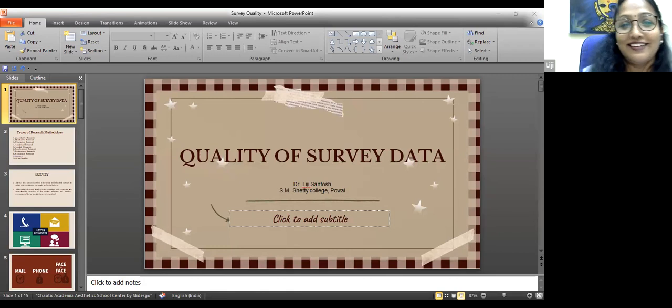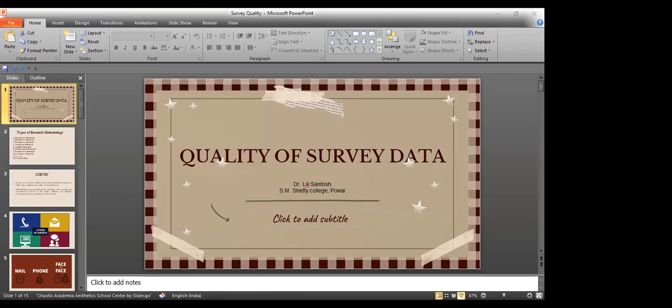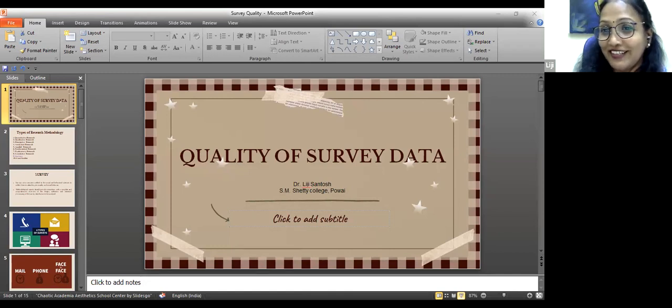So surveys are a major part of research. You can't avoid survey when you do research. Yesterday, when we were dealing with observation, survey automatically comes, whether it is in a qualitative form or in a quantitative form. So surveys are a very essential part of any type of research.